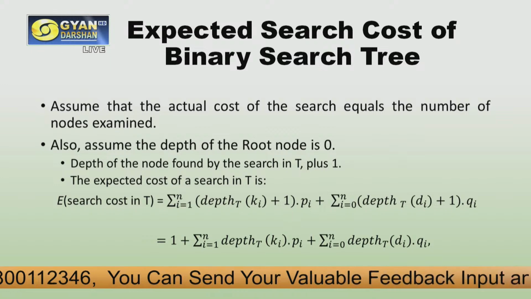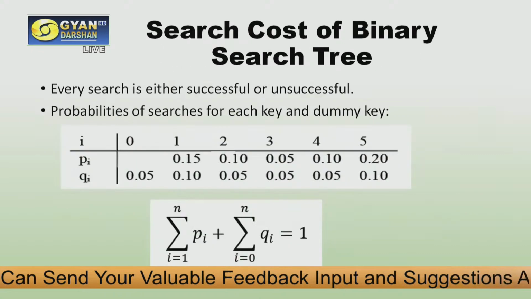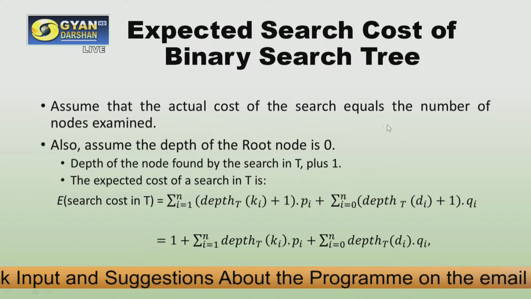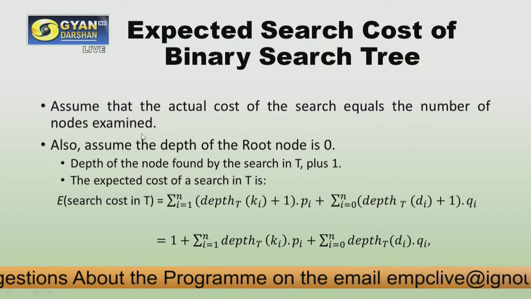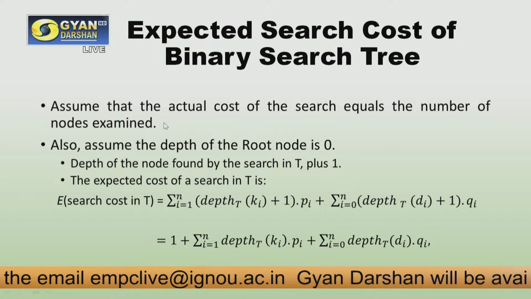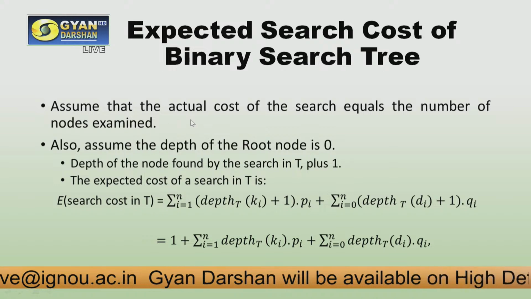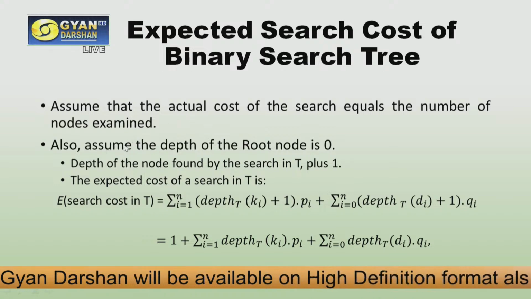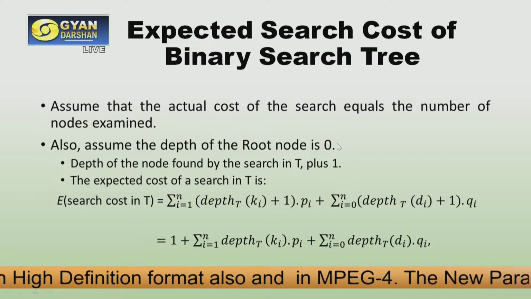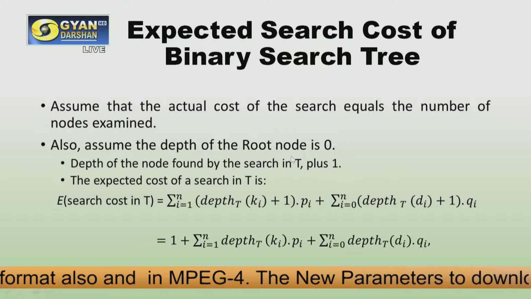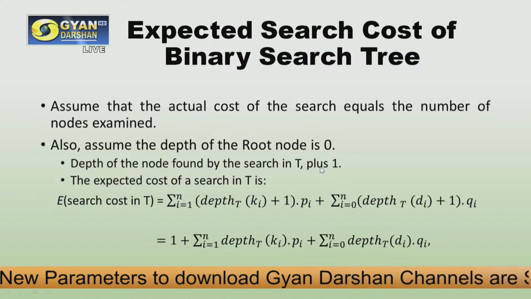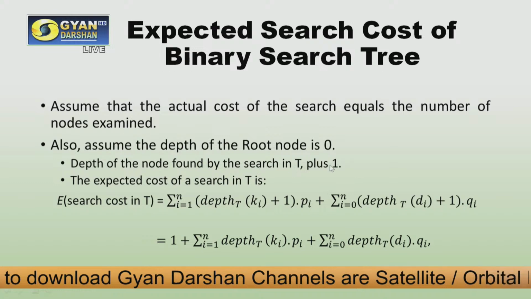Okay. Now what is the expected search tree cost? Assume that the actual cost of the search equals the number of nodes examined. That is what we had been saying. It includes the dummy nodes, either for the key value or the dummy. So that is what we are assuming. And we are also assuming the depth of the root node is 0. So the depth of the node found by search in T, plus 1, is the number of searches.